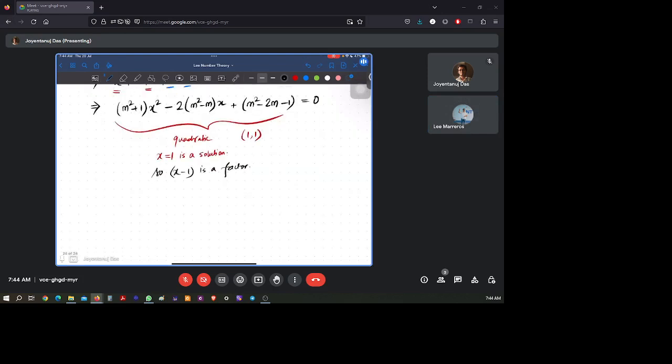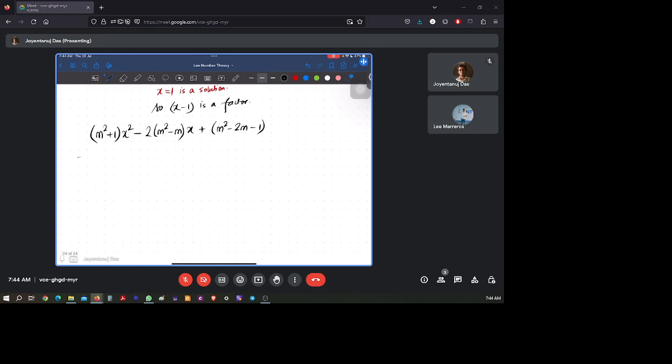So then what we can do is the same process. The two steps we'll do simultaneously. x minus 1. So what should I multiply here? x, so that I get x square, m square plus 1 times x square.